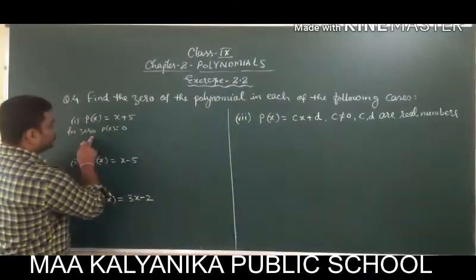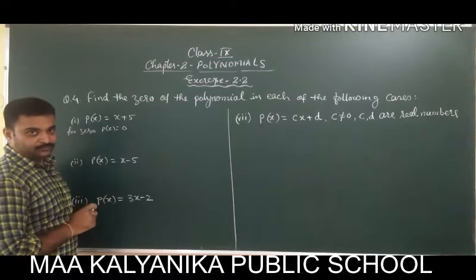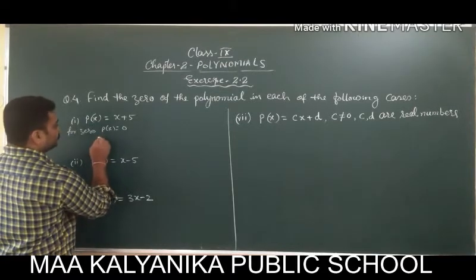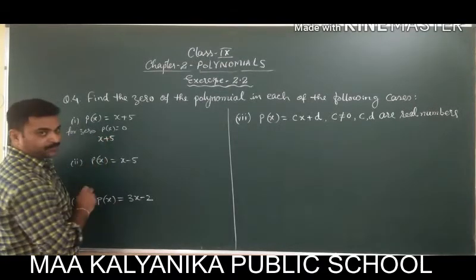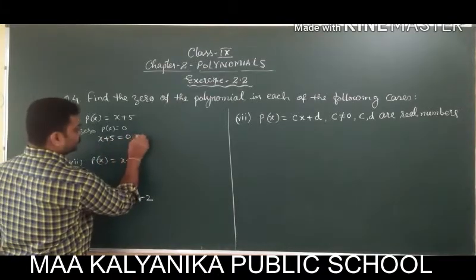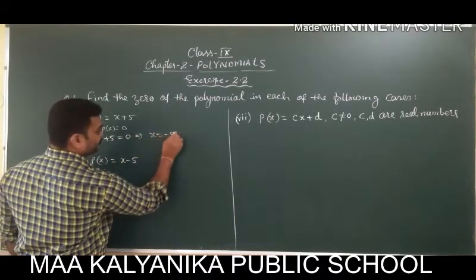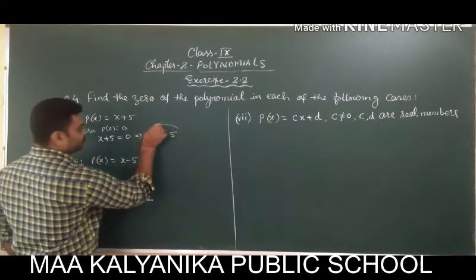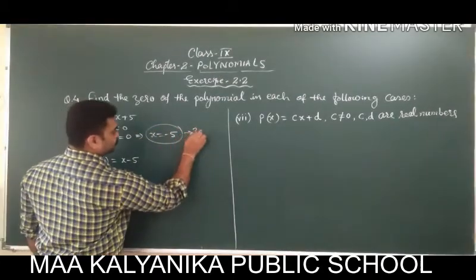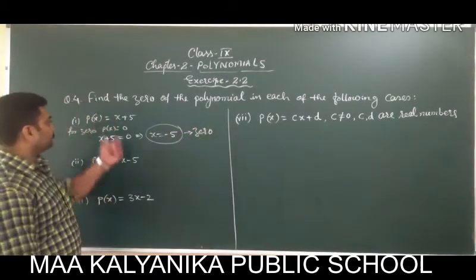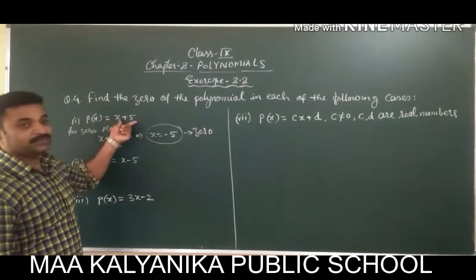So, for zero, p(x) is equal to 0. Okay, and p(x) is equal to x plus 5, it is given, is equal to 0. This implies x is equal to minus 5. So, x is equal to minus 5 is the zero of the polynomial p(x) is equal to x plus 5.